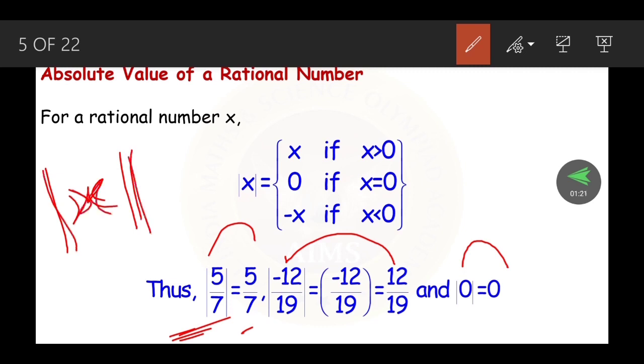We may have minus x or plus x or anything, but its value is always non-negative. Like 5 by 7, 12 by 9, 0. Its value is always non-negative. Okay, that is one thing. So next.